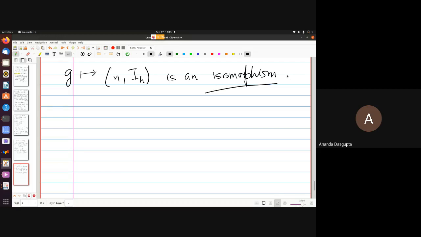So is this part clear? This is almost all about the kind of abstract group theory that we need to talk about. We are now going to go over to representation theory. So before that, if there is any question, please ask.